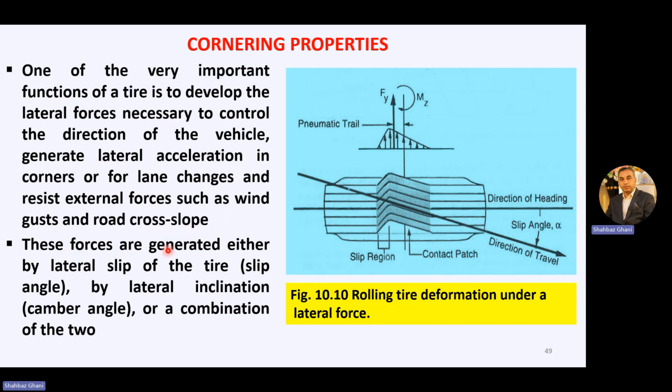These forces are generated either by lateral slip of the tire, the slip angle, or by lateral inclination, the camber angle, or a combination of these two. So the slip angle and camber angle are helpful in producing the forces which cater for the lateral slip.